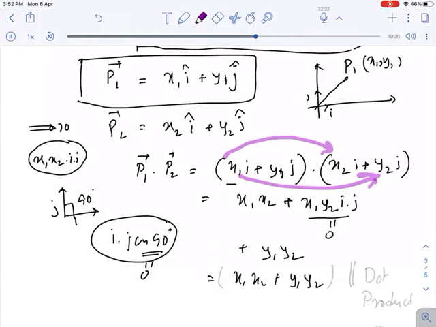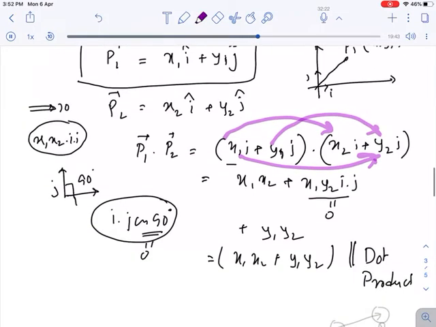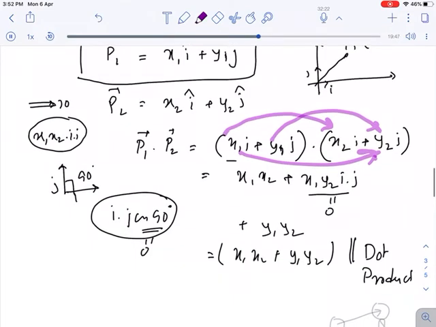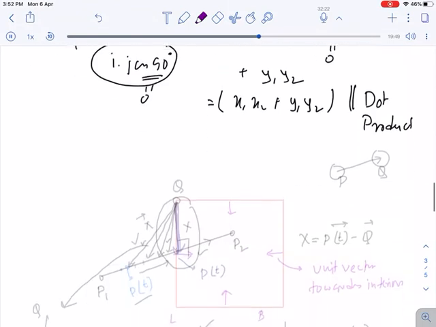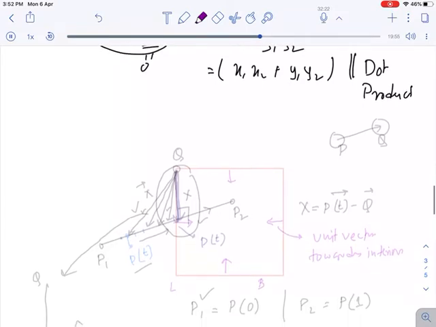The other two terms become 0. So this is the dot product. I am not discussing the cross product right now because it is not required here. So this is about the dot product, and now I'll discuss the initial steps of the Cyrus-Beck algorithm.